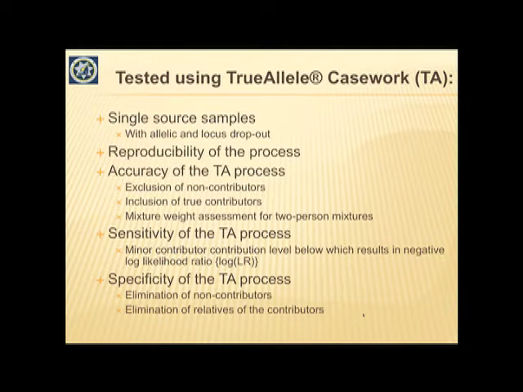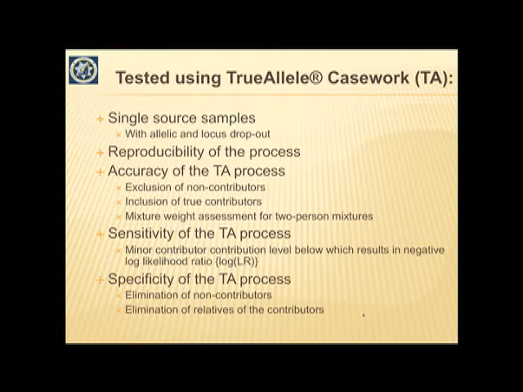So what we wanted to test when we performed our validation work with the TrueAllele casework is how TrueAllele casework handled these single source samples with a lot of allelic and locus dropout. We wanted to evaluate the reproducibility of the process, the accuracy of the TrueAllele process.